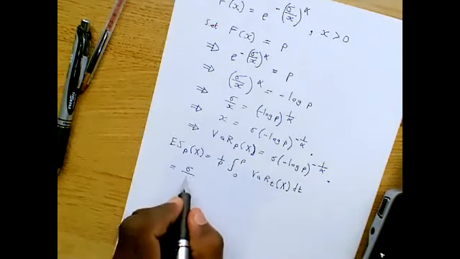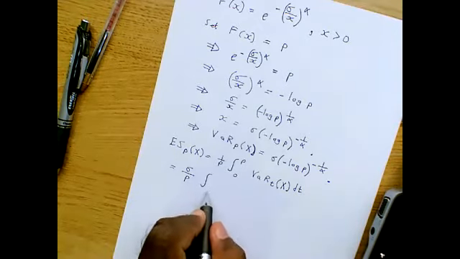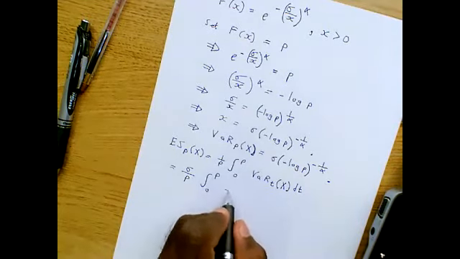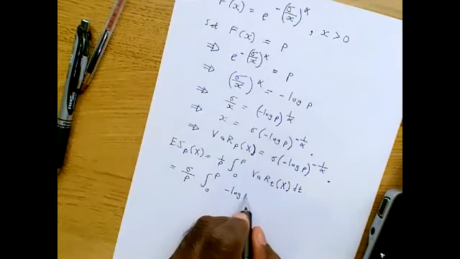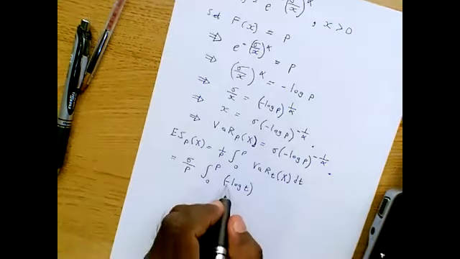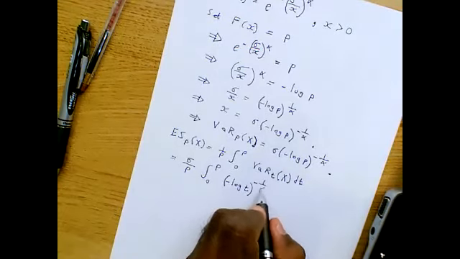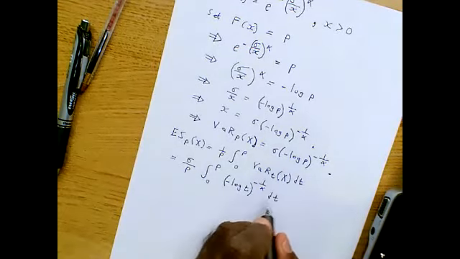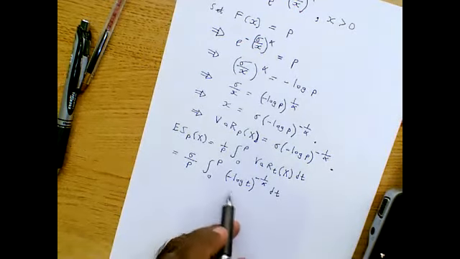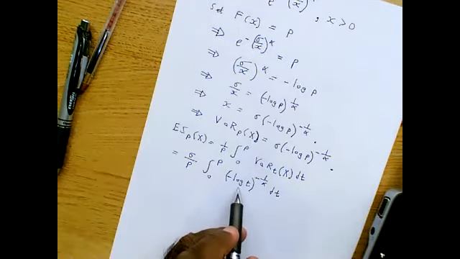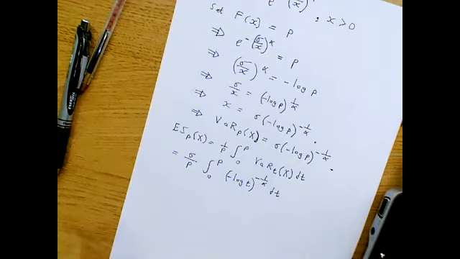So sigma by p times the integral of (minus log of t) to the power minus 1 over alpha dt. All right, now to do this integration, you will need some substitution. As I said before, there's no rule for what substitution to make, and it's something that you have to learn by experience.